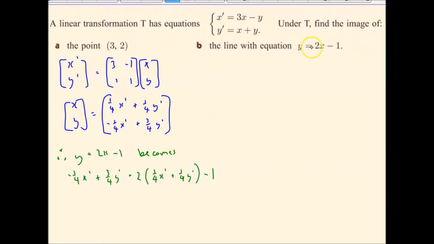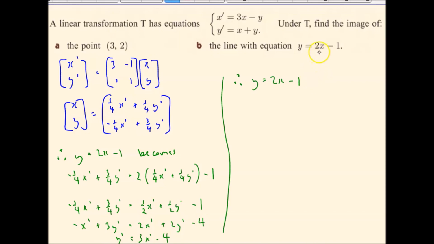So now y equals 2x take 1 will become this equation here, replacing y in terms of x dash, y dash, and likewise x in terms of the same variables. And we can simplify that, which we can then multiply by 4 to simplify, then rearrange to make y dash the subject, and then we can finalize it by writing it up neatly.